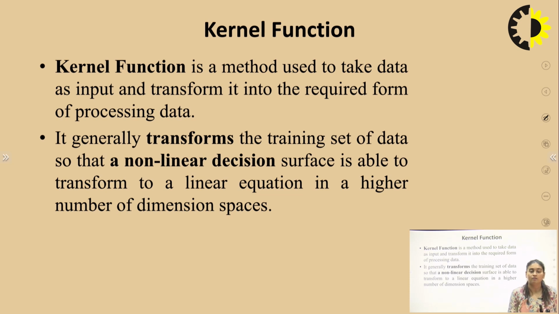For example, if I have data in 2D and I am unable to separate it, meaning there is a non-linear decision boundary, I can transform it to a different dimension, for example 2D to 3D, so that the data can be arranged in such a way that it can be segregated with the help of a linear line. So it should be able to transform to a linear equation in a higher number of dimension spaces.